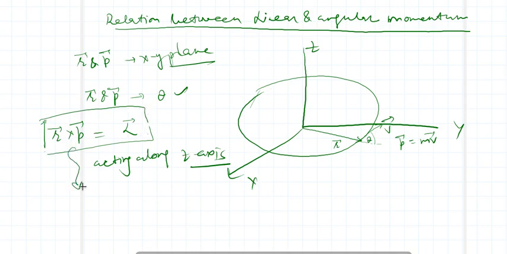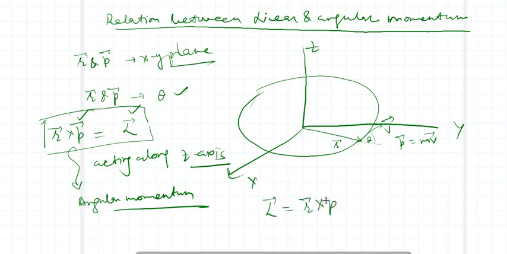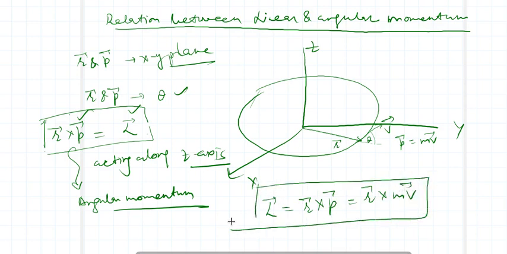So this is the relationship between linear and angular momentum: L is equal to r cross p, or r cross mv. This is the required relationship.